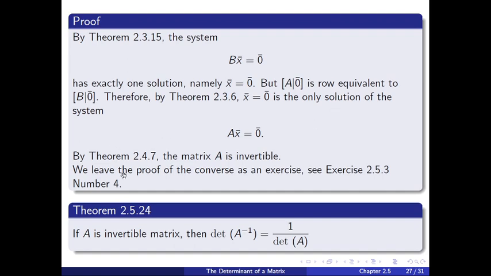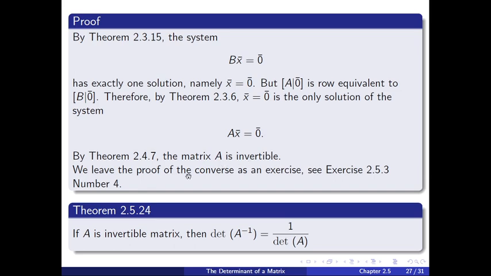So therefore, if we use theorem 2.4.7, we know that the matrix A has to be invertible. If the only solution for AX equal to the 0 vector is x equal to the 0 vector, that means A has to be invertible.